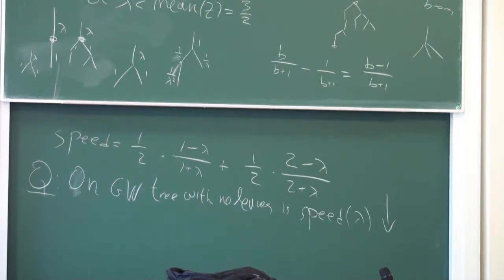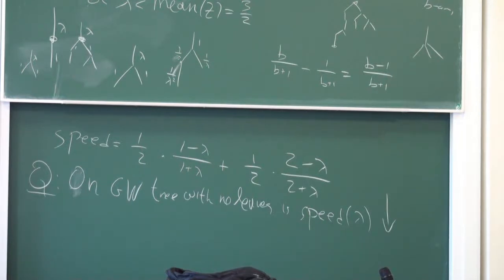So is the question clear? Okay, so the area we're most interested in is near lambda equals 1. Lambda equals 1 is the only place where we have a simple formula for the speed. And there's still no progress near lambda equals 1. But last year there were two papers on this problem.